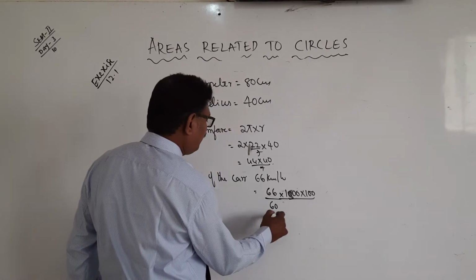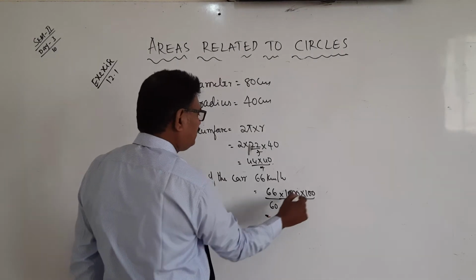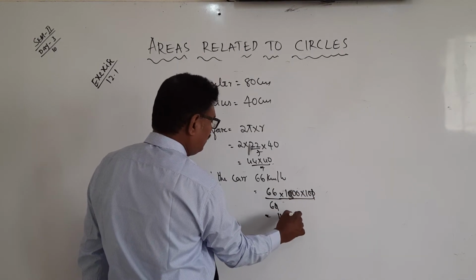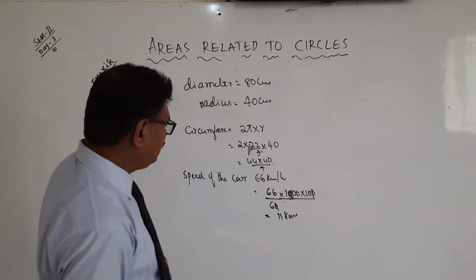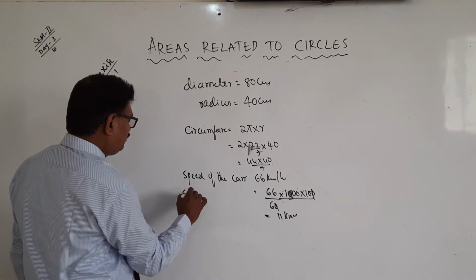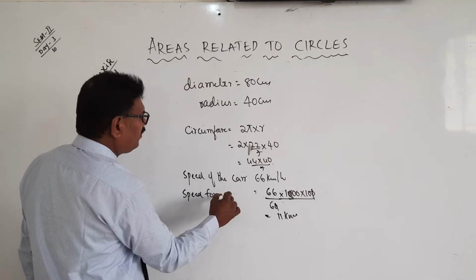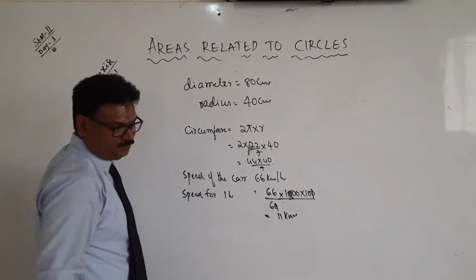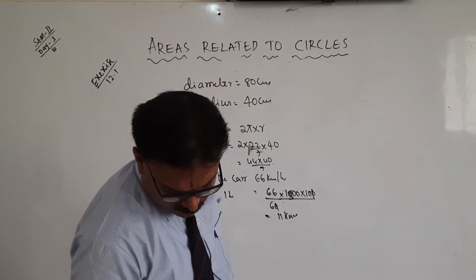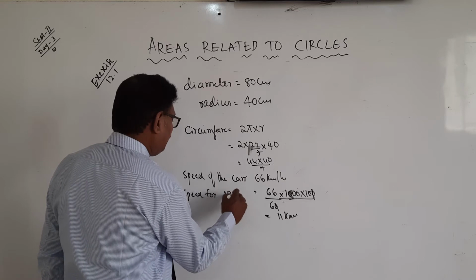Therefore it will become, yes, how much? 1.1, it will become 11 kilometers. That means you can write speed for 10 minutes.